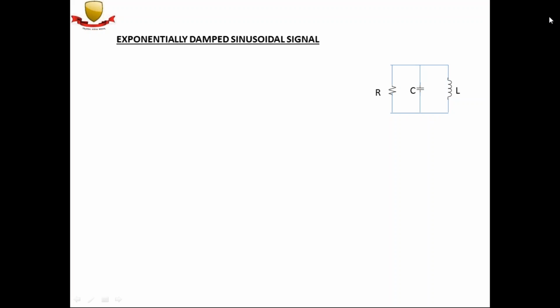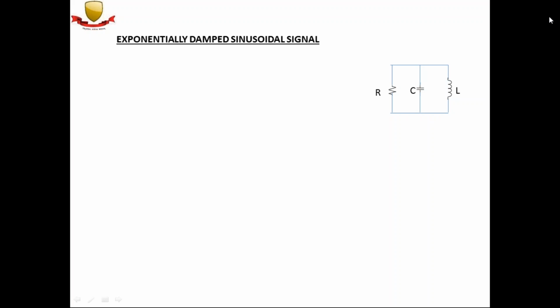In order to understand this, we have a parallel circuit of RLC, that is resistance, inductance, and capacitance. The multiplication of a sinusoidal signal by a real-valued decaying exponential signal results in a new kind of signal, which is referred to as an exponentially damped sinusoidal signal.